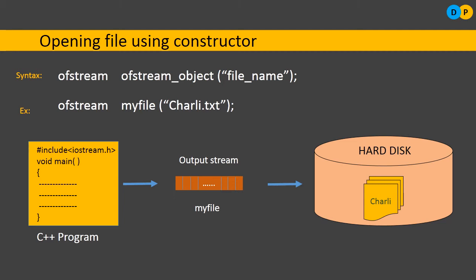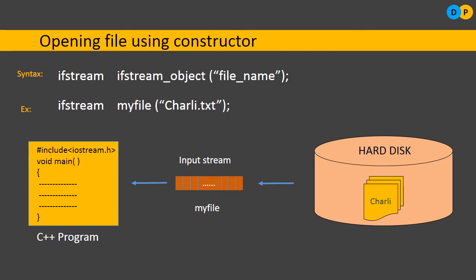Now let us see what will happen at the time of reading contents from an opened file. I would like to read contents from an opened file, so what should be the stream I go with? I will be using ifstream. Please notice here in the syntax, I'll be using ifstream, because I'm reading. For the particular stream ifstream, I'll create the object, followed by the name of the file from which I need to read.